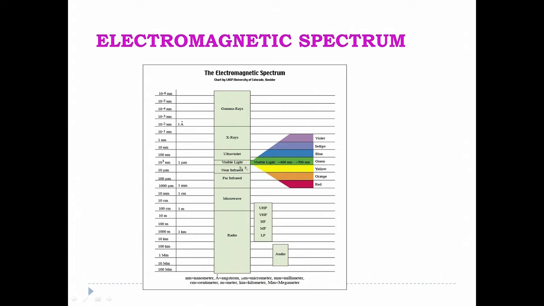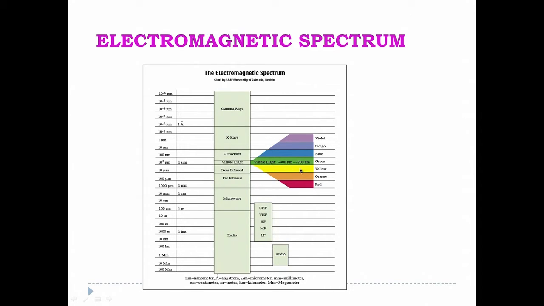Near infrared and far infrared are used for sports persons' treatments, microwaves are used in kitchens, radio waves for music and entertainment etc. And then microwaves and radio waves are classified as UHF, VHF and HF etc. Ultra high frequency, very high frequency, and very low frequency, and below that we have audio.